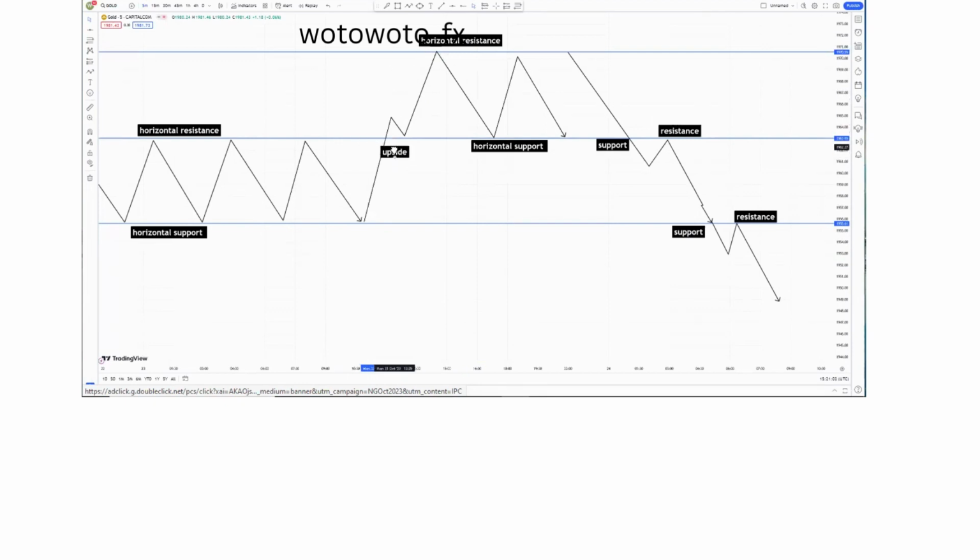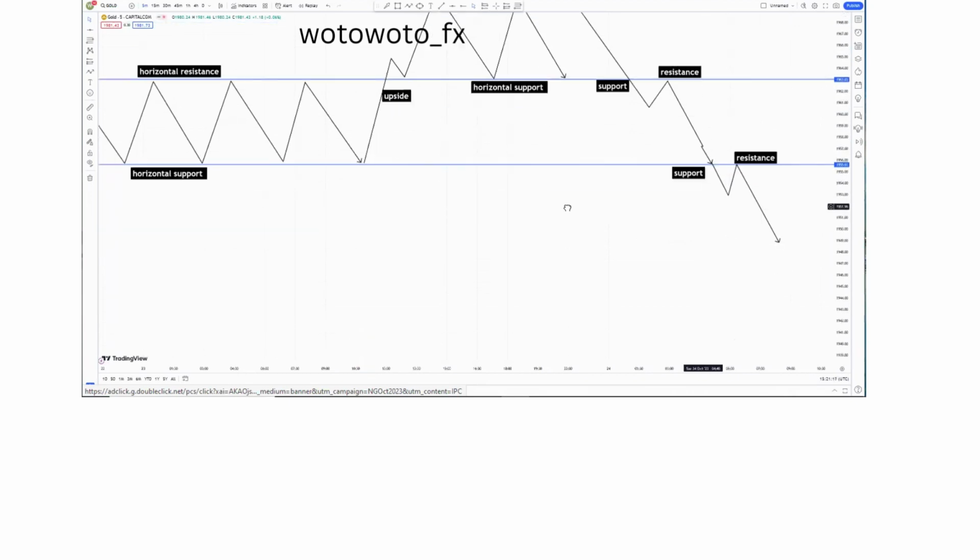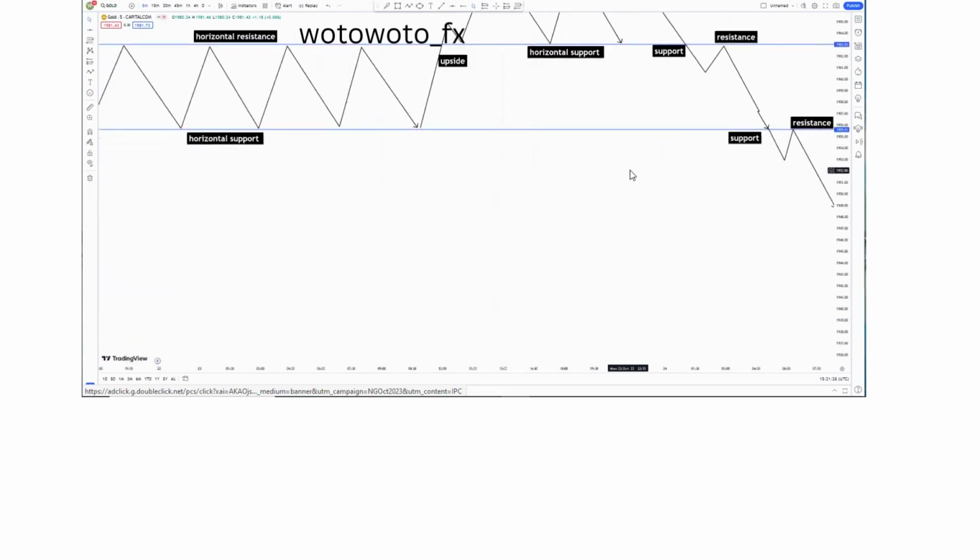But when price is coming down, we say that price is coming to the downside. So this is upside, this is downside. Now that we have understood this, I would want to make it clearer so that we would be able to understand what we are doing more.